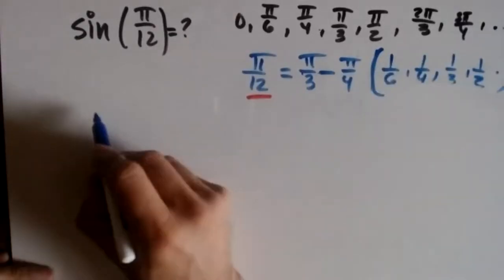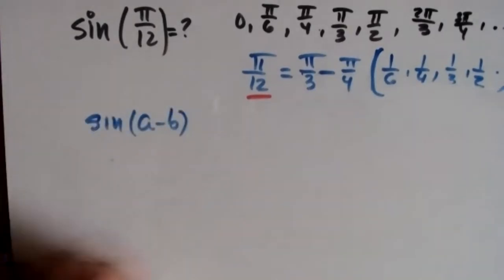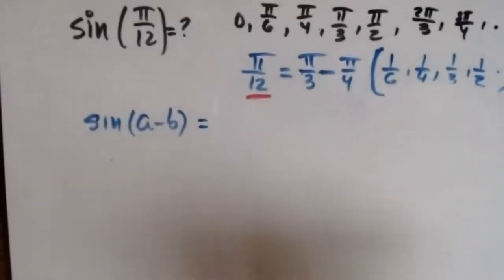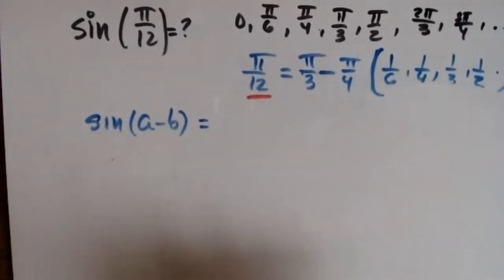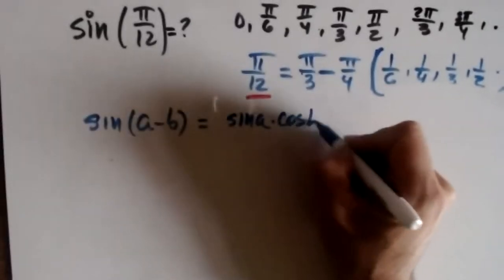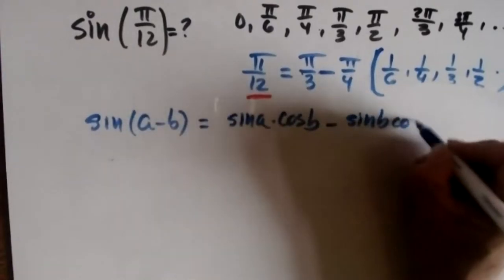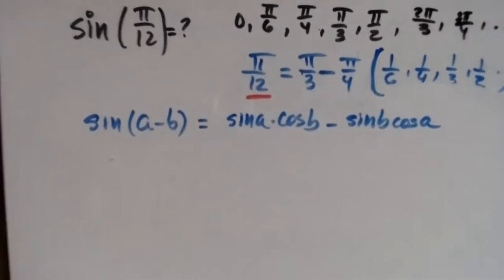Okay, now I have to remember my formula, sine of a minus b. Now I'm going to use the minus, a minus b. Now remember, my formula is going to be sine a cosine b minus sine b cosine a, correct?